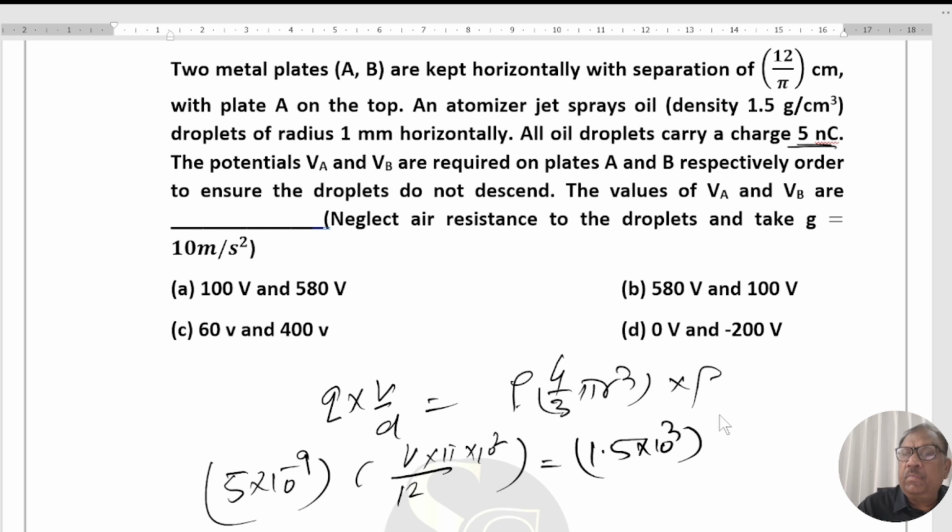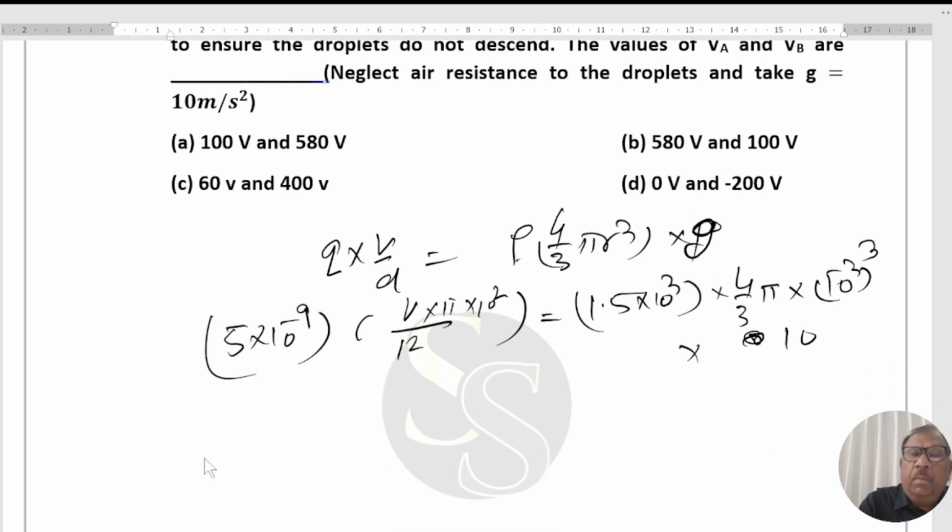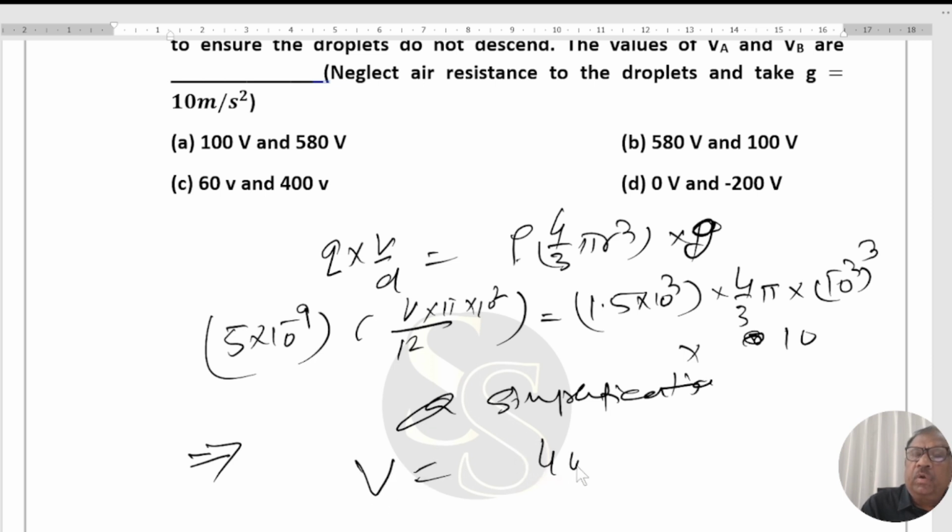We are using SI units, into 4 by 3 pi times 1 mm, that is 10 to the power minus 3, cubed, into g, that is 10. On simplifying, all terms cancel and V comes to 480 volt.